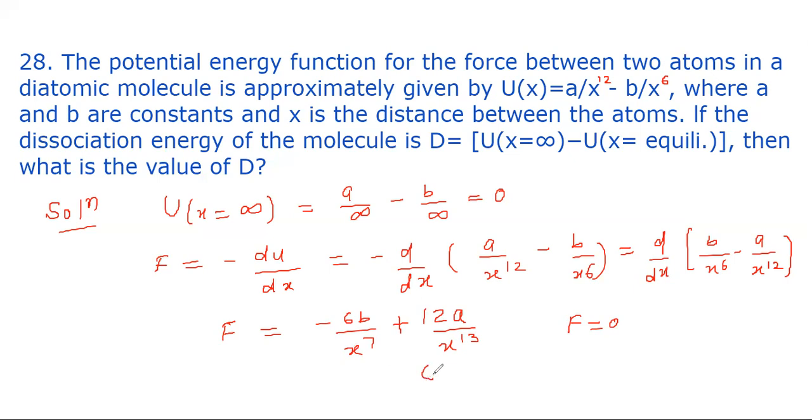So 6B divided by x power 7 must be equal to 12A divided by x power 13, which gives from here B upon 2A equal to 1 upon x power 6, which further gives x power 6 equal to 2A upon B, or x equal to (2A upon B) whole power 1 upon 6.